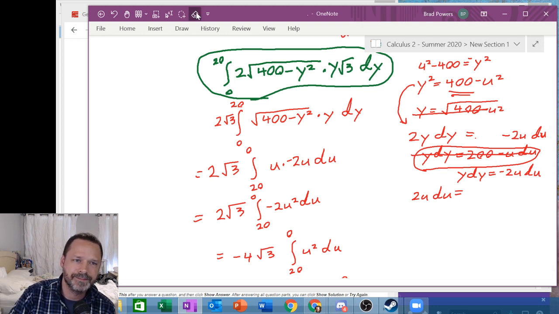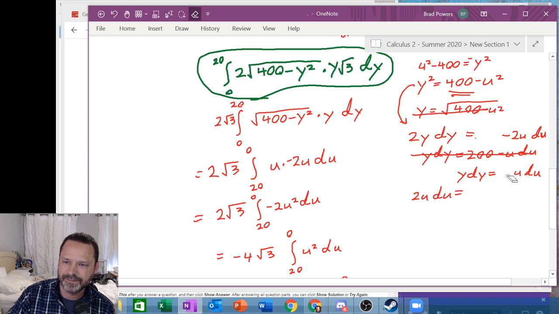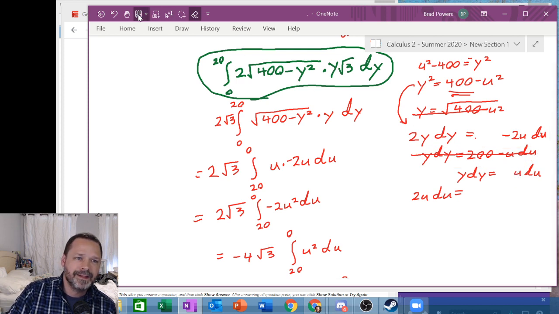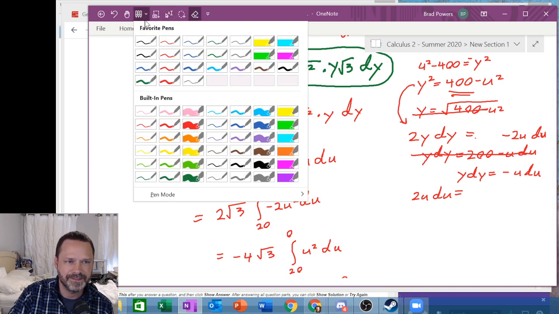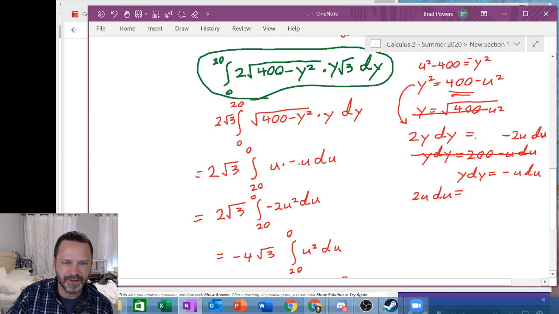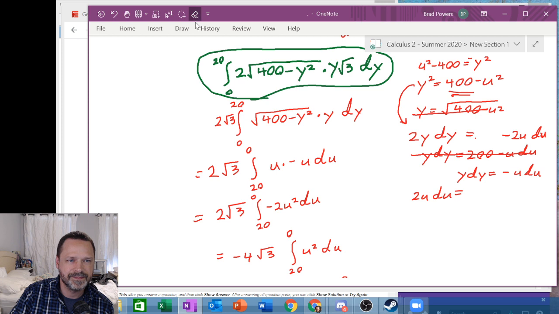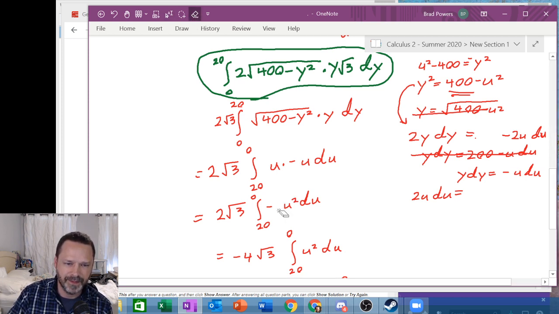There it is, yeah. We have 2y dy equals negative 2u du, divided by 2 on both sides. So that gives us negative u du. So this would have been the error. And yep, there's another one. So this would be negative u du. So it'd be just negative u squared.